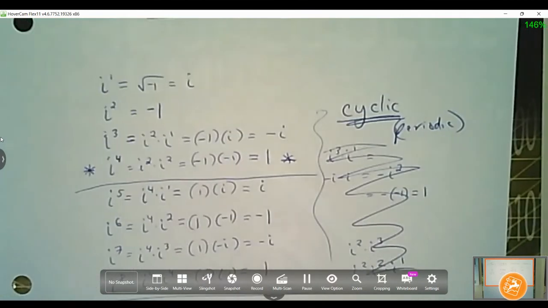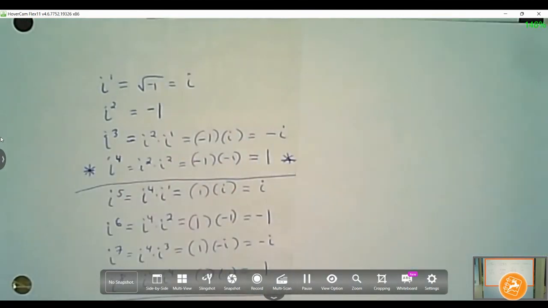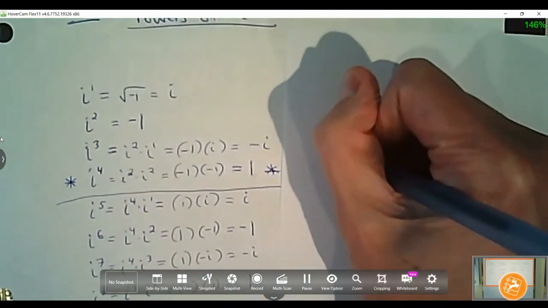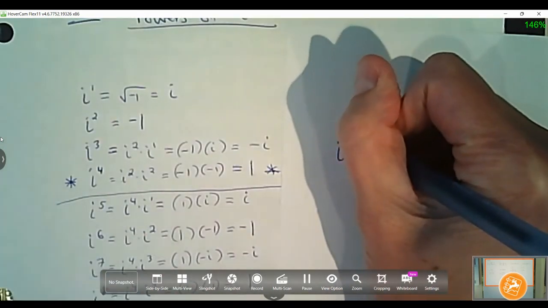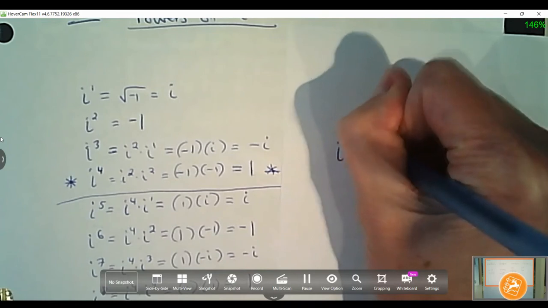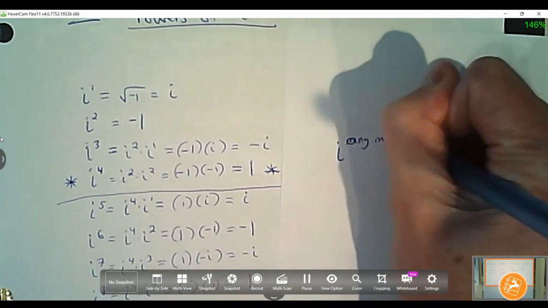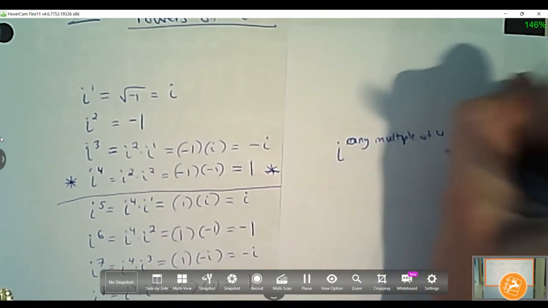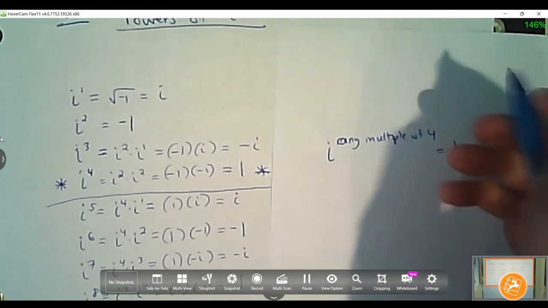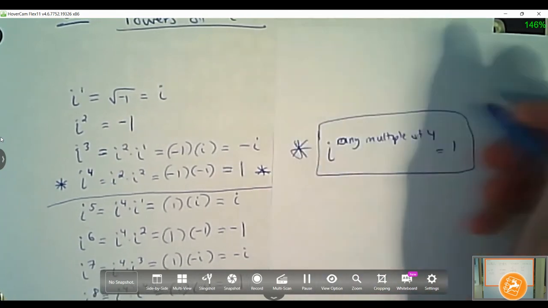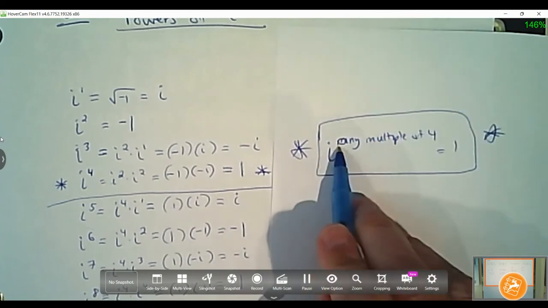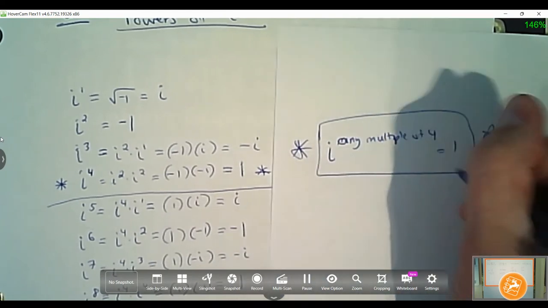Let me get a piece of paper here. Okay. So the way the shortcut will work, there's lots of ways to do this. Here's my favorite way. So I to any multiple of 4 is going to be 1. This is not proper mathematical notation, but this is a really nice way to put this in your notes. If you have I to any multiple of 4, you're going to get 1.